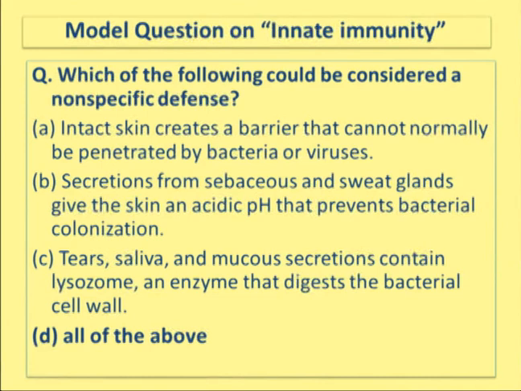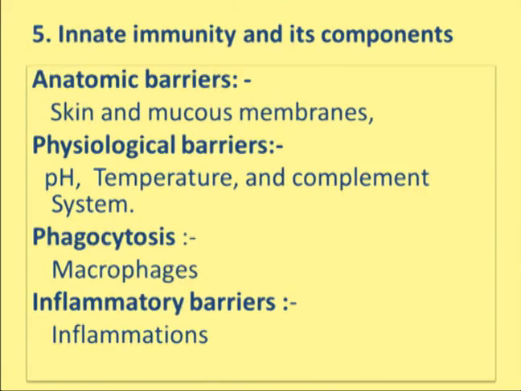So, the skin, our sweat glands or the sweat, our tears, saliva, mucus secretions, all these are components of the non-specific or innate immunity. Now, the components of the innate immunity include 4 main barriers. The first one is anatomic barriers like skin.